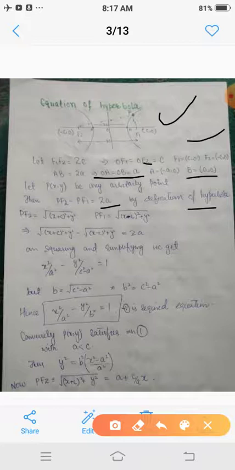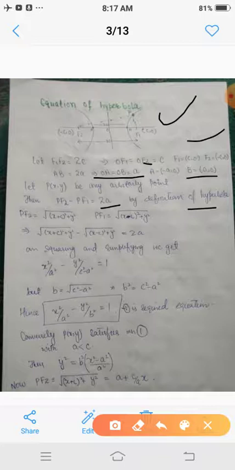So we will find the distances PF2 and PF1 by using the distance formula. PF2 equals root of (x plus c) square plus y square. PF1 equals root of (x minus c) square plus y square by the distance formula.